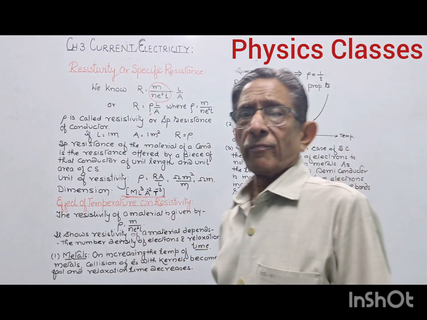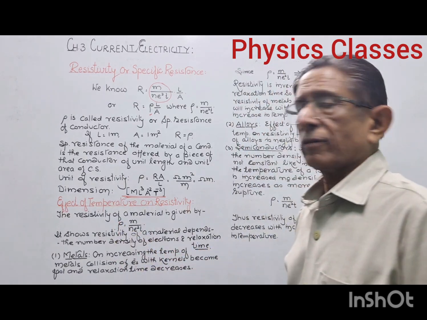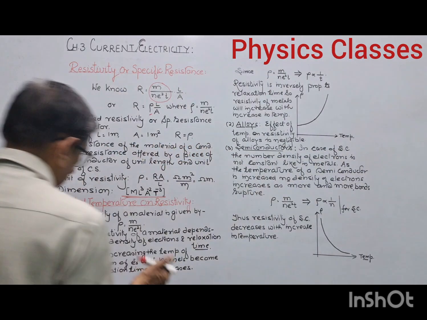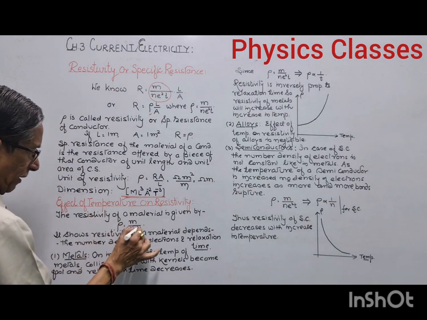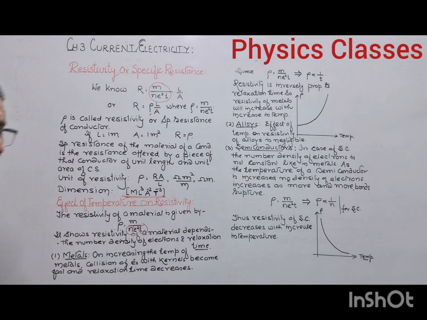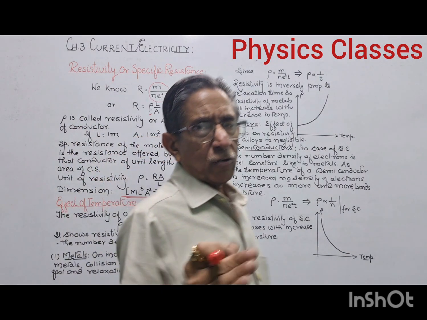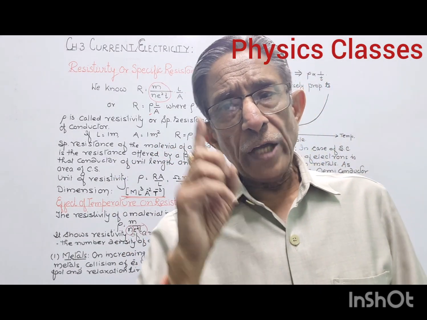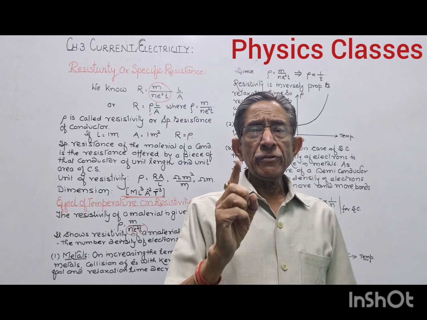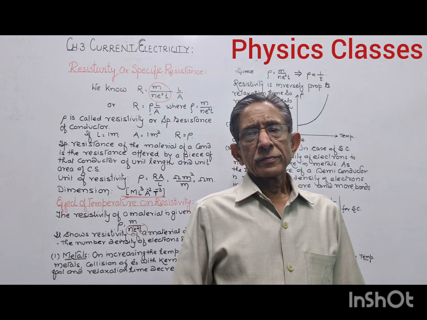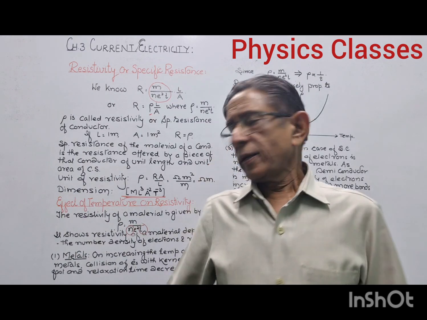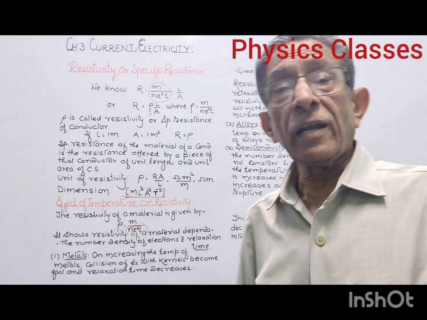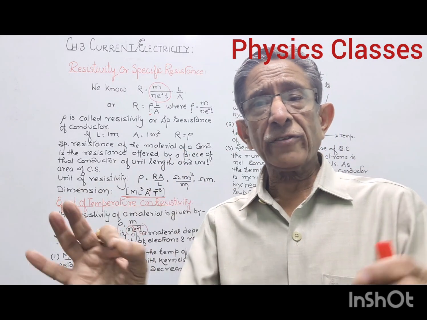It shows that resistivity depends on 2 factors: number 1, n, the density of electrons, and second, tau, the relaxation time. So keep in mind, resistivity of a substance depends on the number density of electrons and secondly the relaxation time.